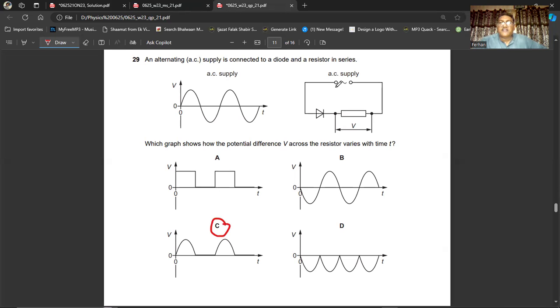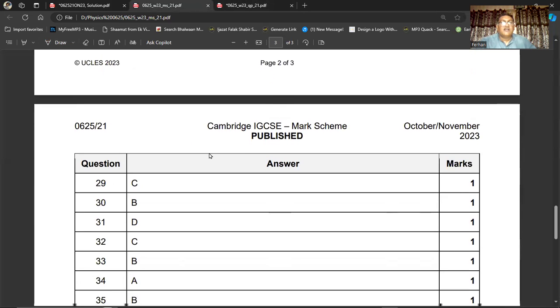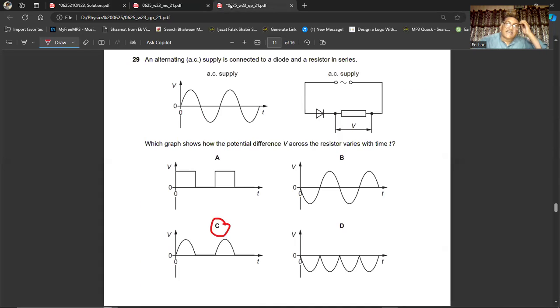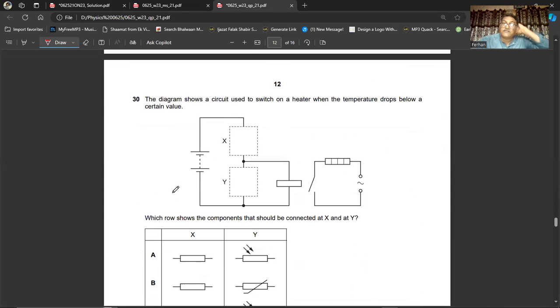Because this is alternating current, its magnitude increases, decreases, increases. So the graph should be like this, and then there should be no voltage. Then the graph should be like this, and then there should be no voltage. So C is the choice. Question number 29, we think C is the right choice, sir. I hope you understand. It's a little bit tricky question.